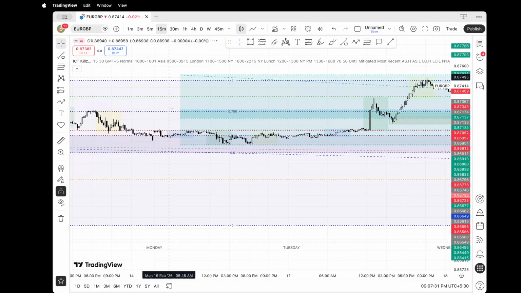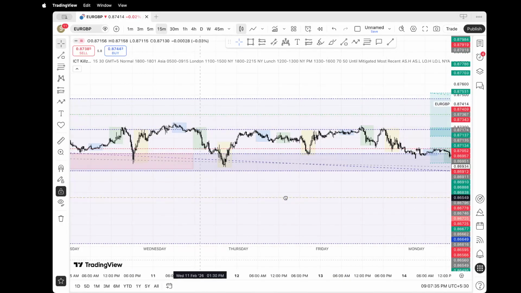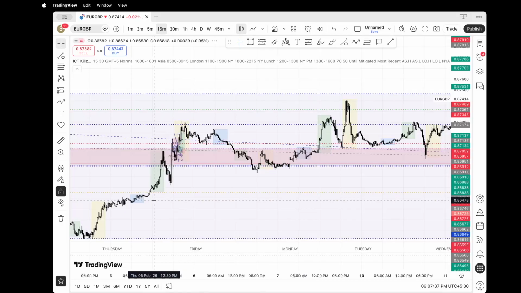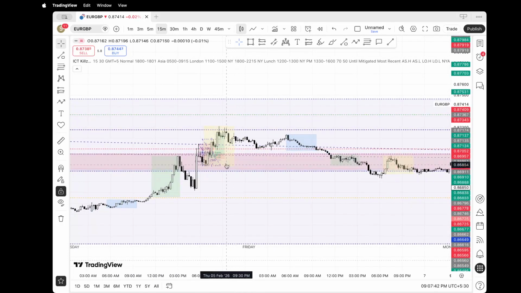Let's zoom in a bit more. Yeah, I made a buy trade. I don't know where the sell trade is coming from. Euro GBP 5th of February, 8:30 to 8:10. Yes, here only I have made a sell trade as well.